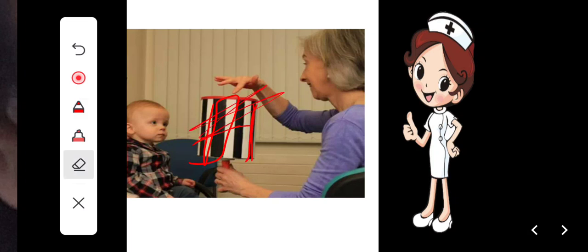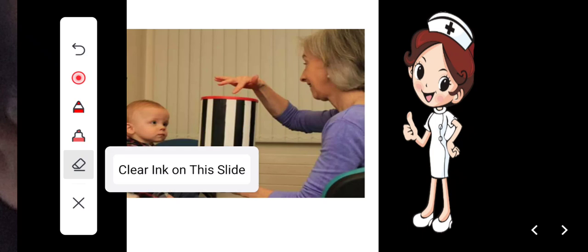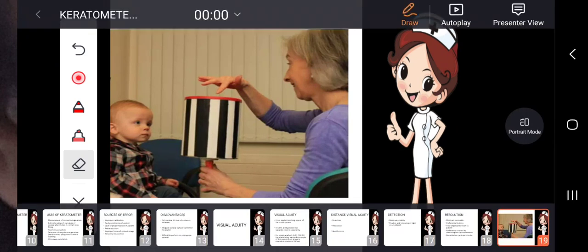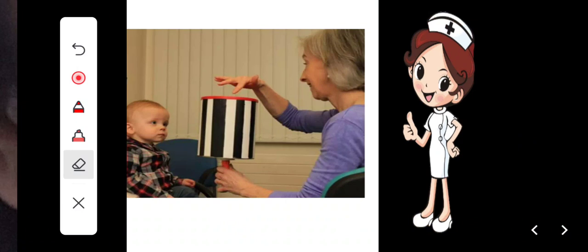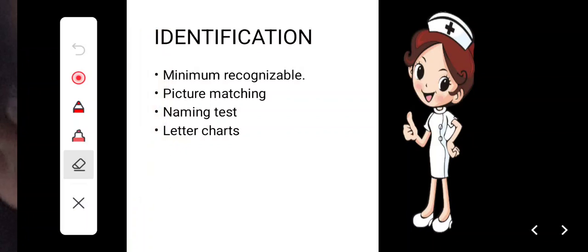The examiner is supposed to rotate the drum, and the patient has to look according to the drum. If the patient is looking at the drum according to the target, then it shows us that the patient has visual acuity, and it is done binocularly. And if the patient is not looking at the target, then it gives us the information that the vision is not good or not normal.